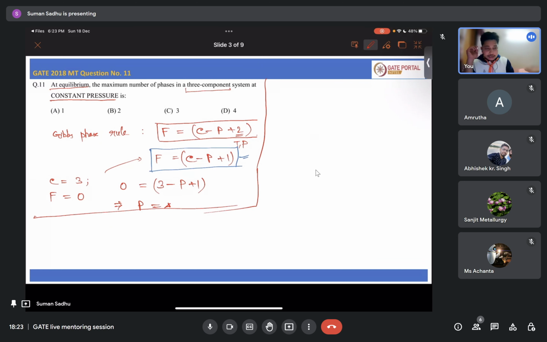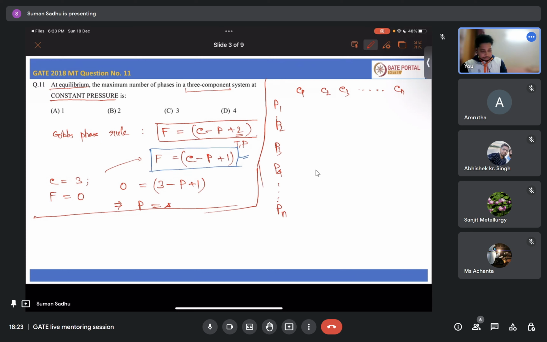Let's say you have a system which has C number of components. Let's say C1, C2, C3, up to n number of components. And you have P number of phases: P1, P2, P3, P4, and so on up to Pn.